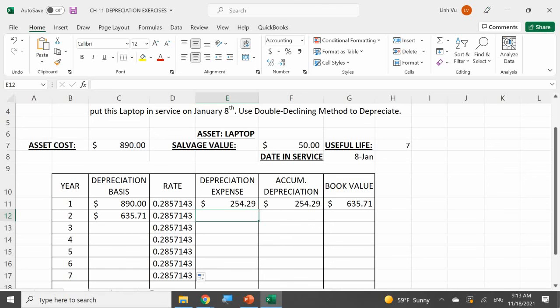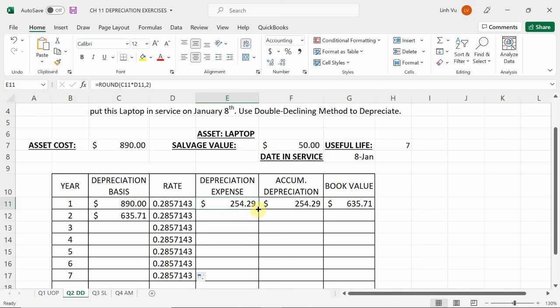If I have a depreciation basis of 635.71, the expense is 181.63. Good.